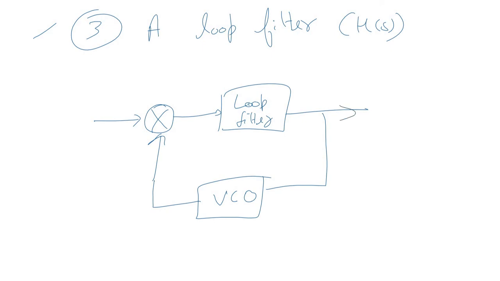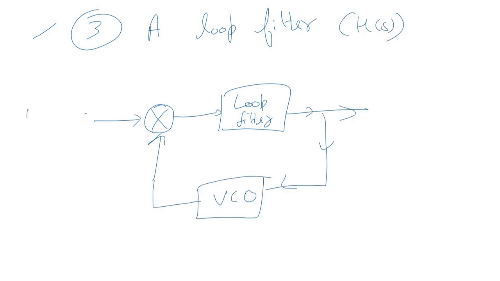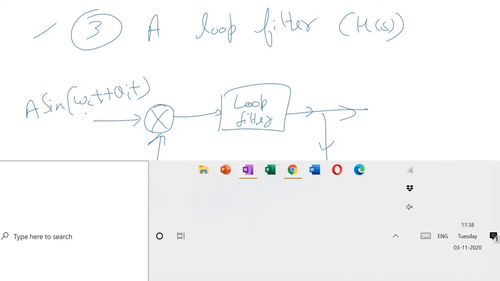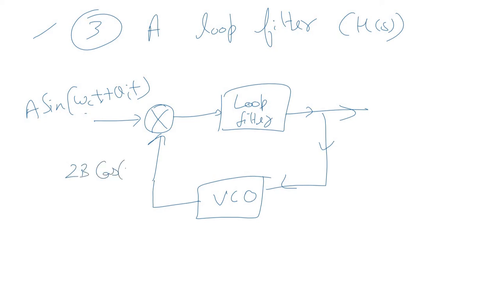If we label this block diagram, this is your multiplier, and the input signal is, let's say, A sin(omega_c t + theta_i(t)), and the signal coming out of the VCO is, let's say, we assume the signal to be 2 cos(omega_c t + theta_o(t)). And let's say this is the error signal e_o(t).